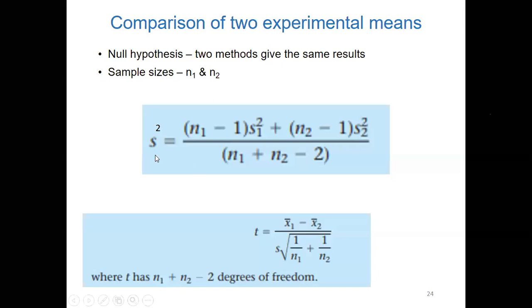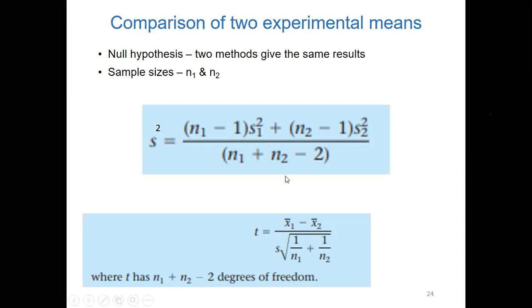S squared is the pooled variance, and using the first equation we can calculate the standard deviation. Here N1 and N2 are the sample sizes of the two methods, and S1 and S2 are their standard deviations. Also, the t statistic can be calculated.